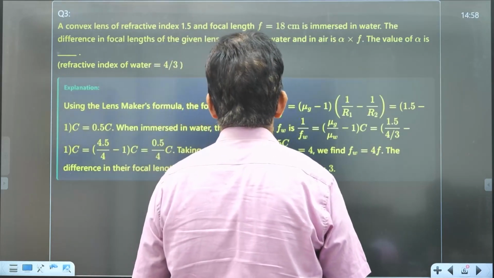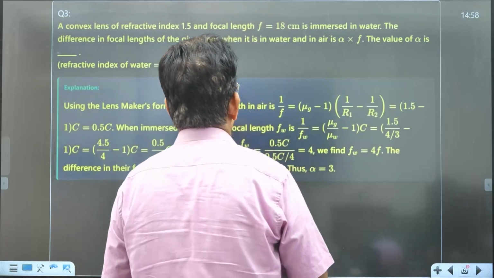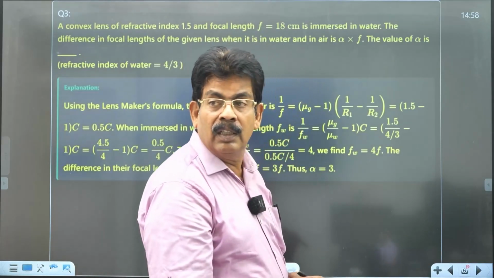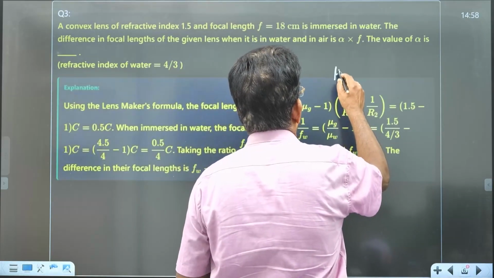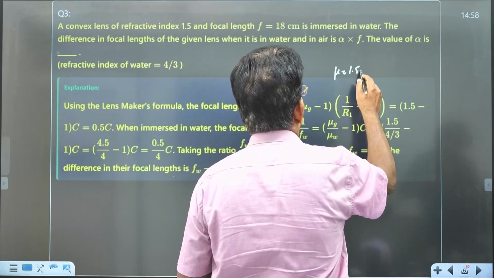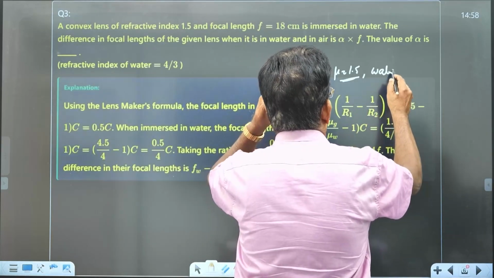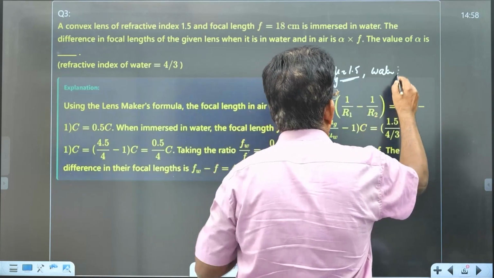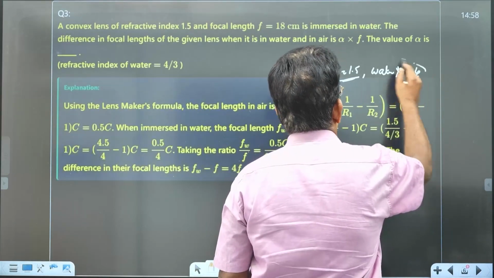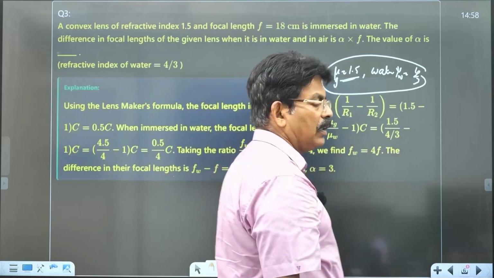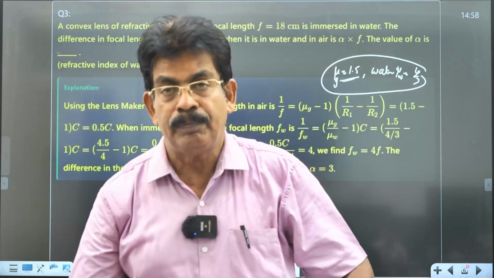Tell me, the basic result we are using: a lens of material refractive index mu 1.5, immersed in water of refractive index mu water 4 by 3. We have a basic formula that focal length will increase exactly by 4 times.